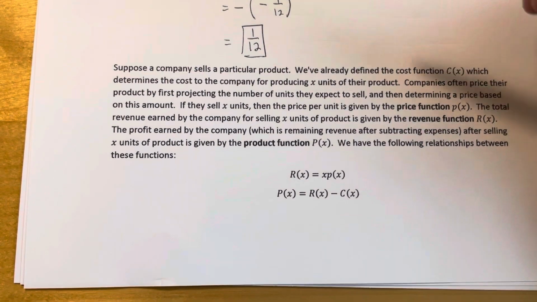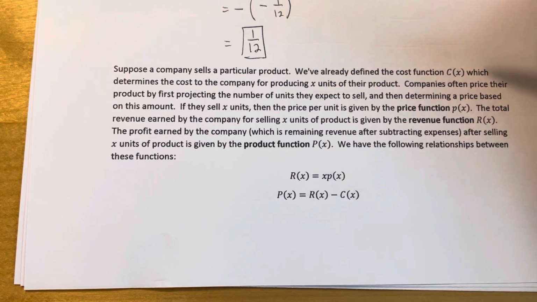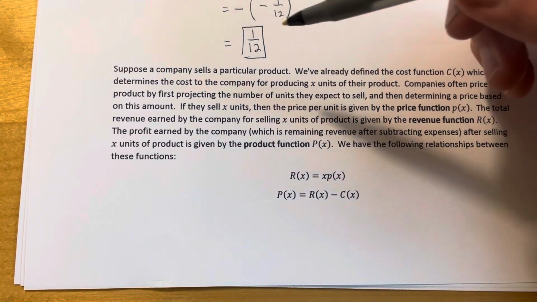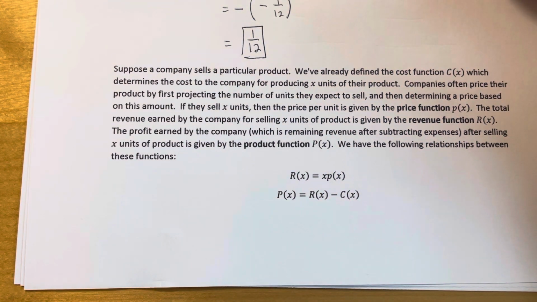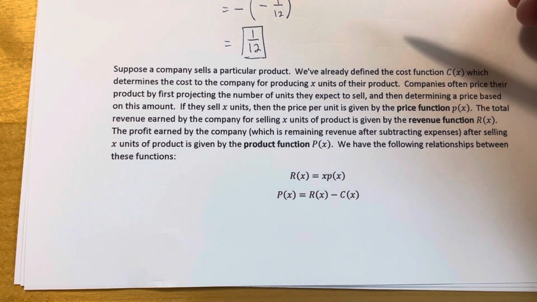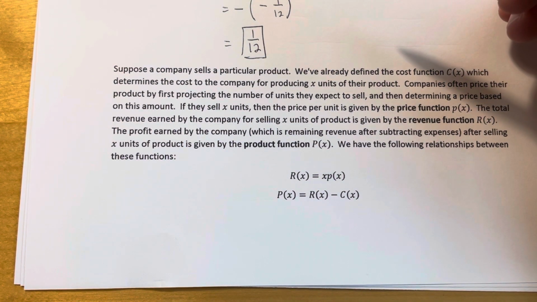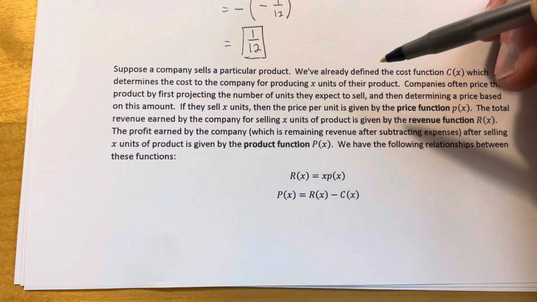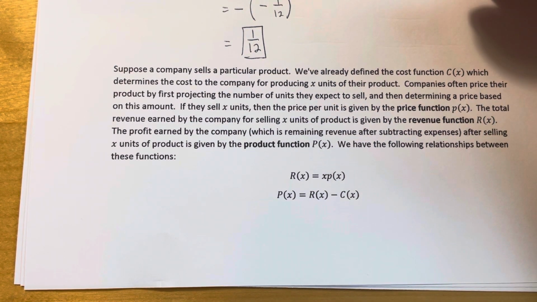So the price of a commodity depends on numerous different factors. But a lot of the time, one of those factors is how much a company assumes that they will sell. They can project some figures and make some predictions about how much of a product they expect to sell. And they can price their product based on those projections.